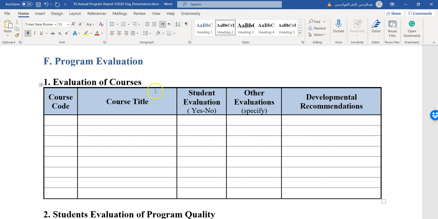You can take the results from course reports, and in these course reports, you have the course code, for example EE 360, course title microprocessors, students evaluation, yes, other evaluation, NCAAA, development recommendation, yes or no, for example, updating CLOs.